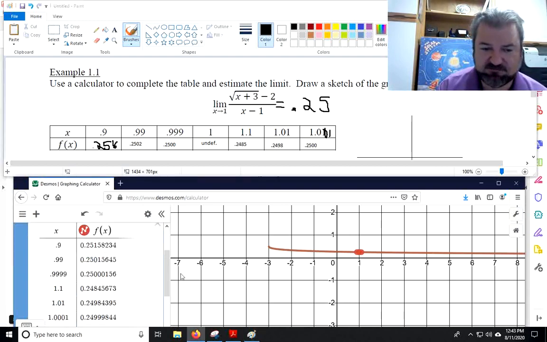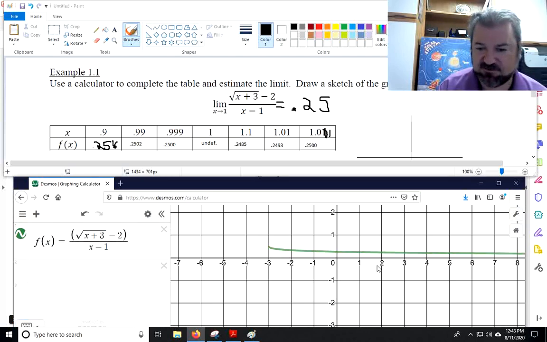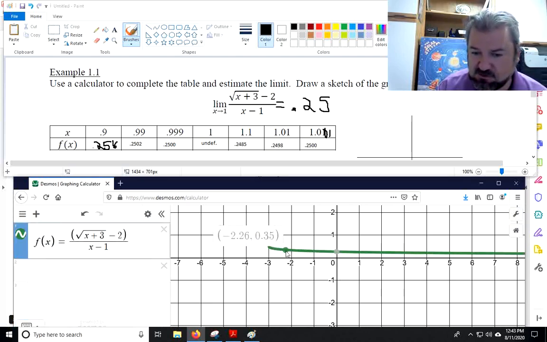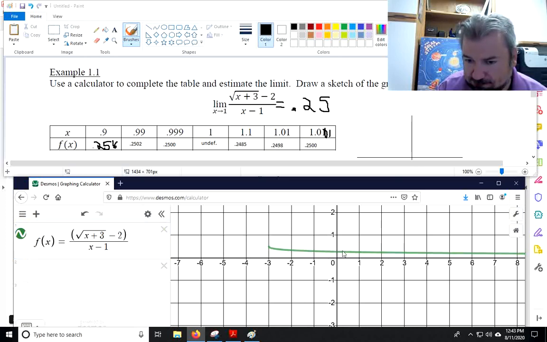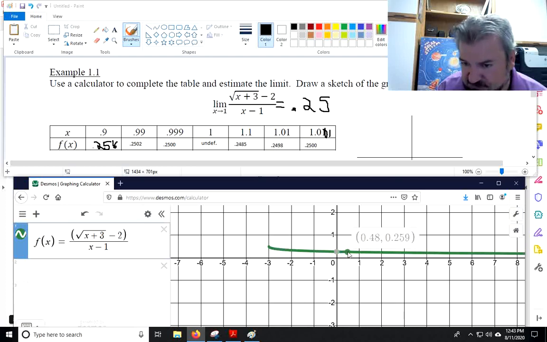Let's take a look at the graph. I'll clear away our table for now. And you can see that that's exactly what's happening. As I approach x equals 1, you'll see the y-coordinate is getting closer and closer to 0.25. It's coming from above 0.25, and it's getting really close to it. And then right when I get to 1, there's a hole. It's undefined.